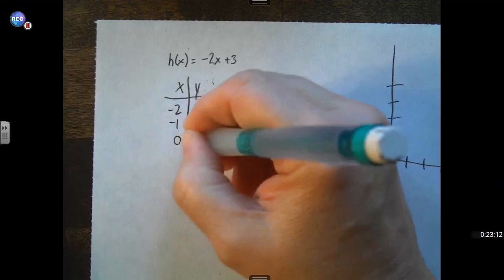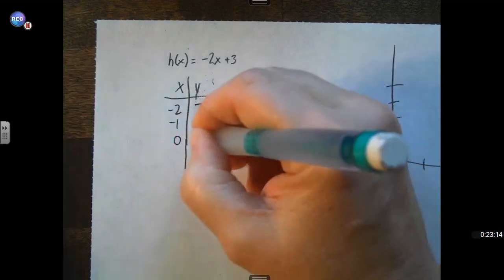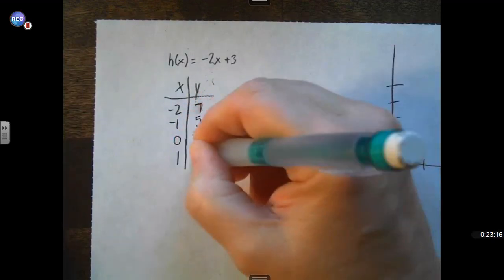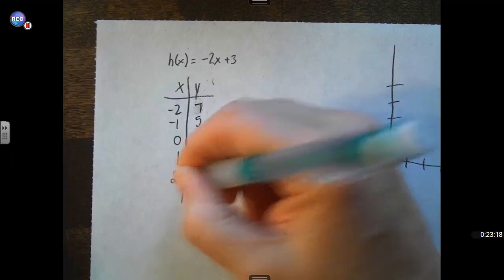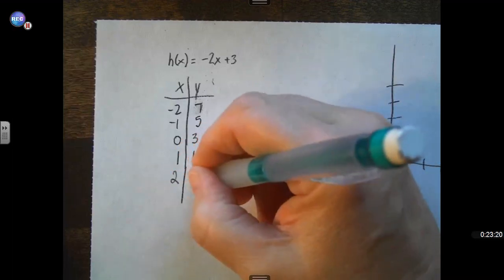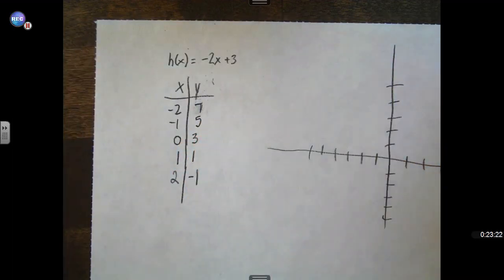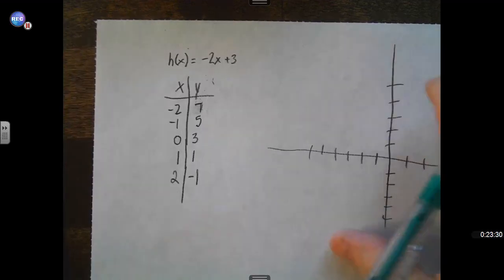I plug in 0 and get 3. I plug in 1 and get 1. I plug in 2 and get negative 1. I'm not going to graph negative 2, 7. That one is a little bit too ambitious for me.